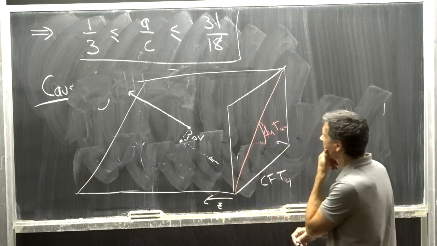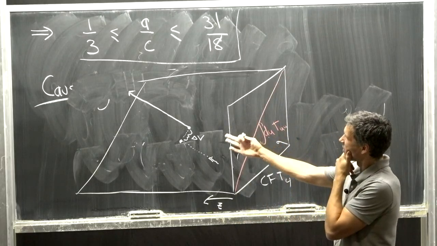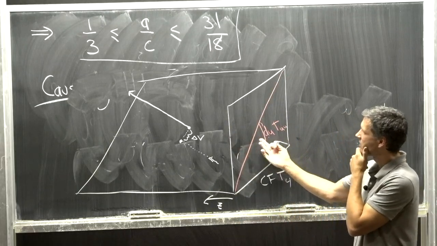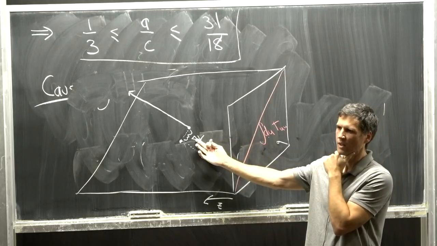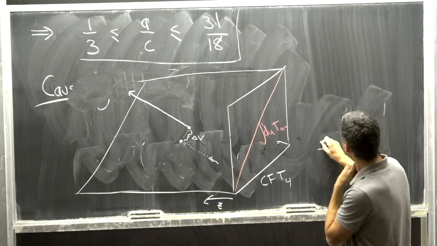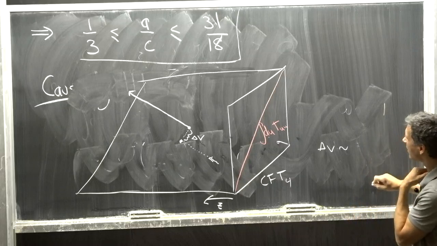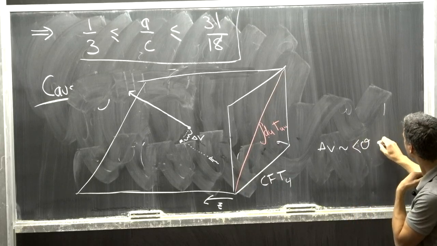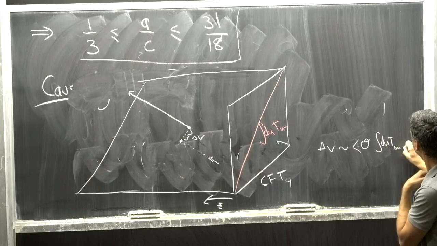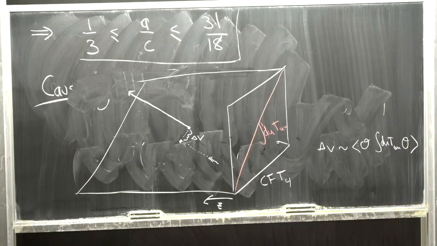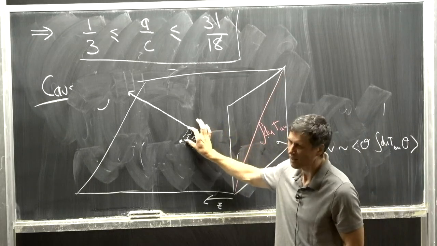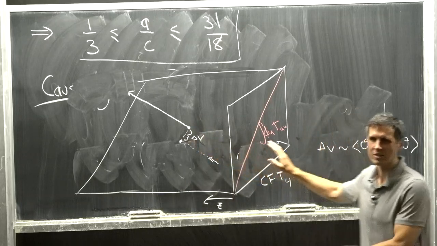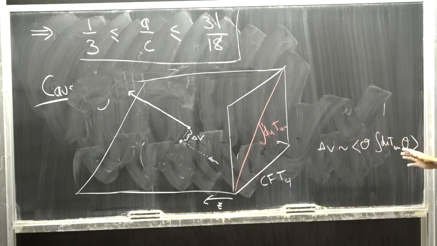Basically, the answer is that when you compare the CFT calculation that we did to this bulk calculation, that delta V is O ANEC O. So when you go through the holographic dictionary, you end up relating the time delay that occurs in the bulk to this calculation that we just did in the boundary.